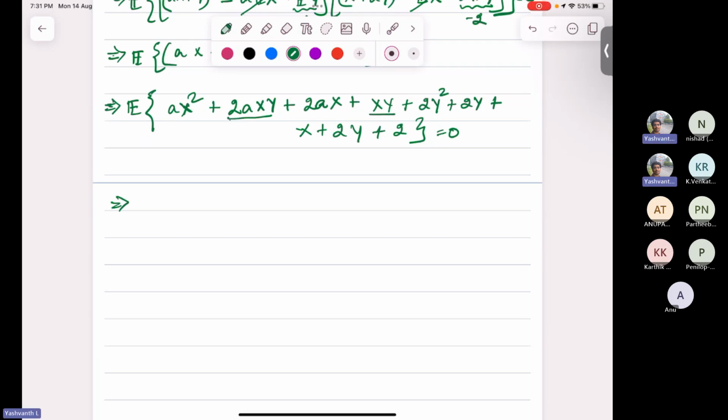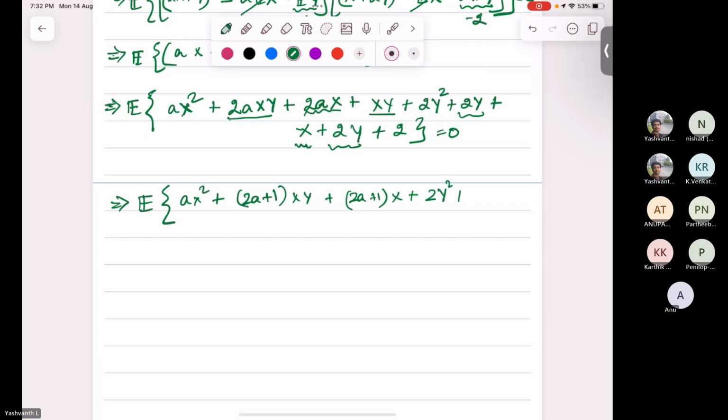Similarly, there is a 2y here and a 2y here. There is an x here and a 2ax here. Just combine all of them, it becomes the expected value of a x square plus 2a plus 1 into xy plus 2a plus 1 into x plus 2y square plus 4y plus 2 equal to 0.